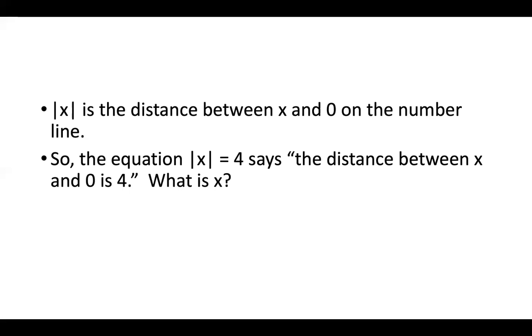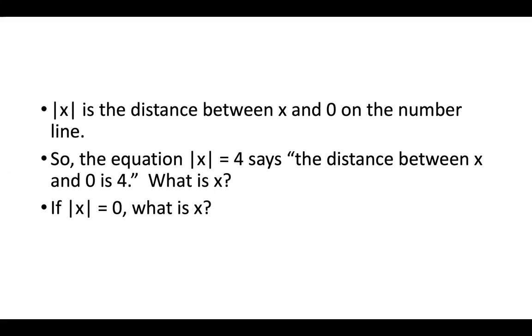Well, it could be one of two things, couldn't it? It could be 4, but it could also be negative 4, right? So this equation has two solutions, all right? 4 and negative 4 are both solutions of this equation. Now, if it said the absolute value of x equals 0, what is x? Well, that's just a little different.